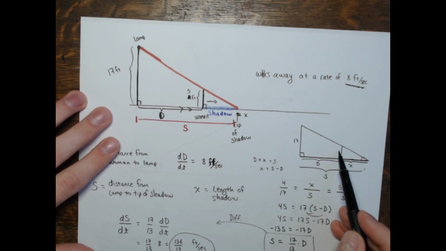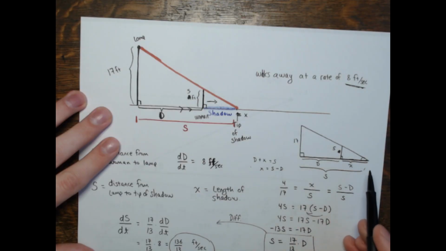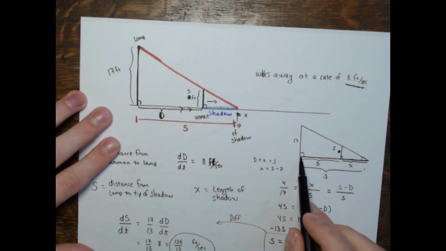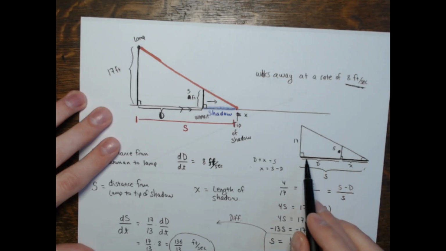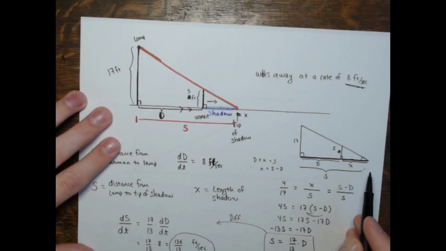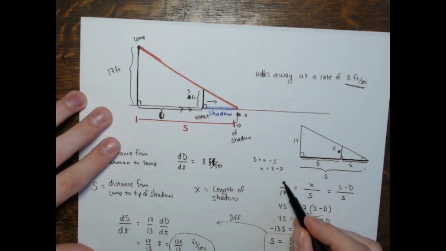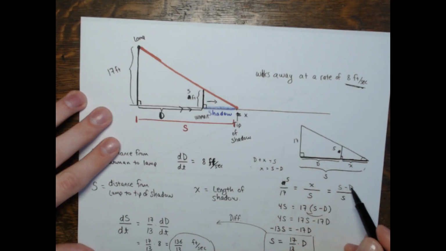So again, the picture here, instead of this being 17 and 4, this is 17 and 5. Again, I called D the distance from the woman to the pole. X was the length of her shadow, which was just S minus D. Again, S was the distance from the pole to the tip of the shadow. So I had this proportion here, where now this would be 5 over 17 with these similar triangles, equals S minus D over S. So then 5S would be 17S minus 17D.